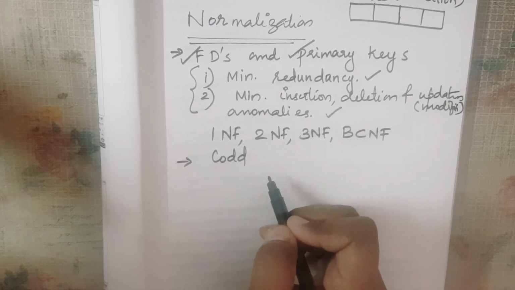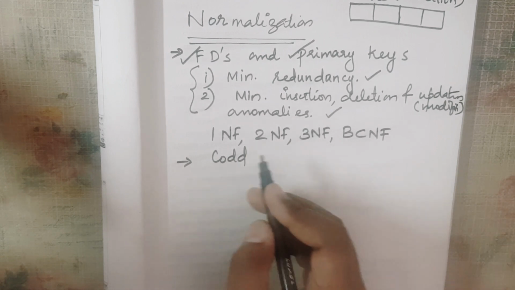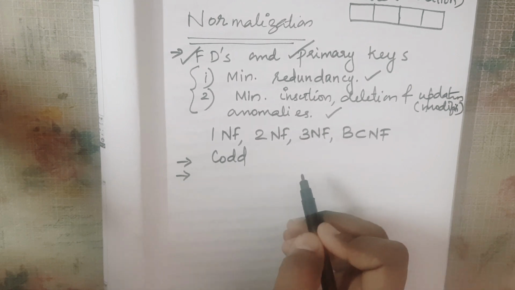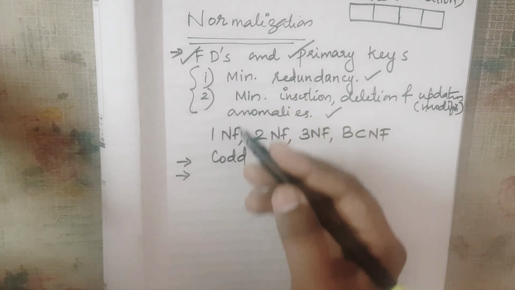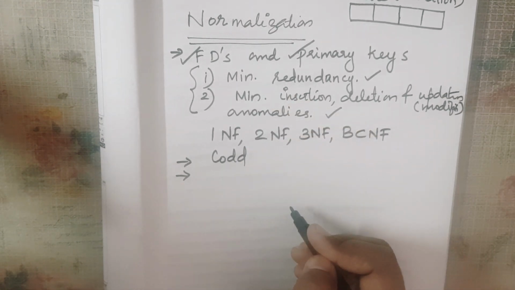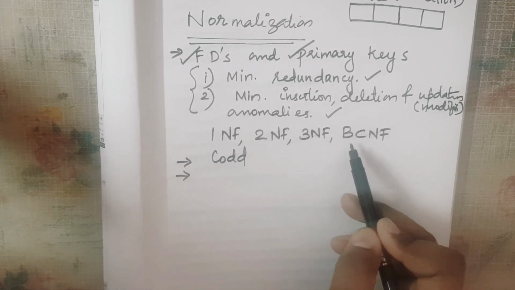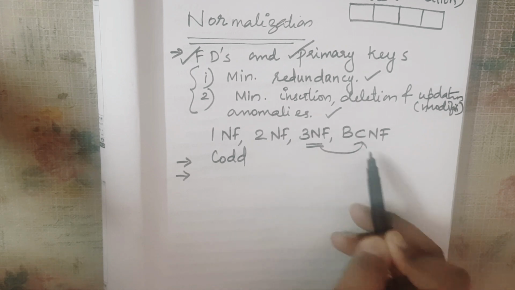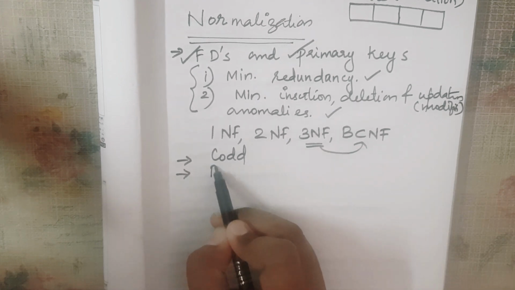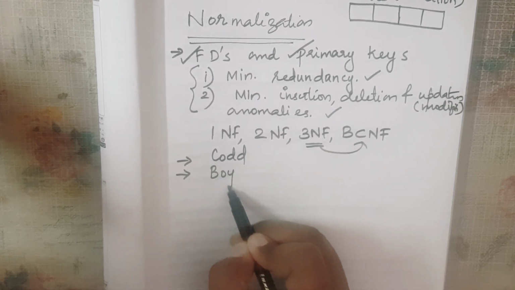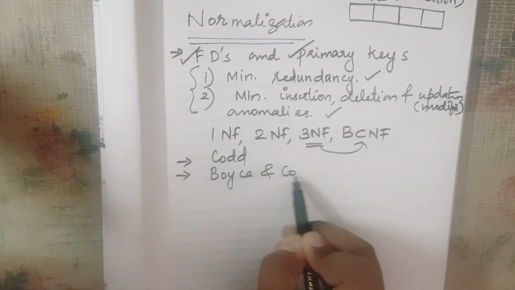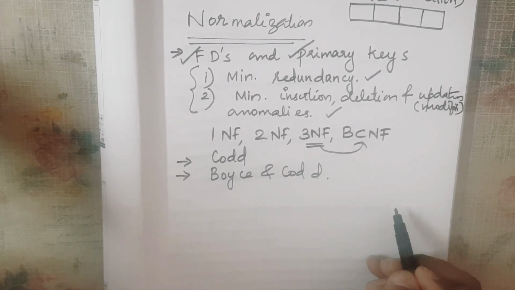It certifies whether a certain normal form is satisfied or not. It proceeds in a top-down fashion, and a stronger definition of third normal form is Boyce Codd normal form, that was jointly proposed by Boyce and Codd.